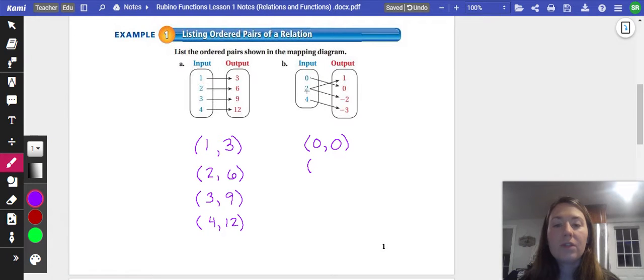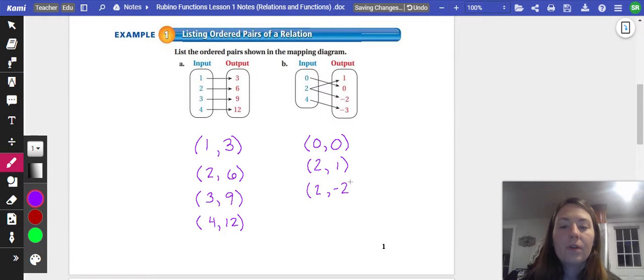The first would be (2, 1), and the second would be (2, -2). The input of 2 has two different outputs. It has an output of 1 and an output of -2.